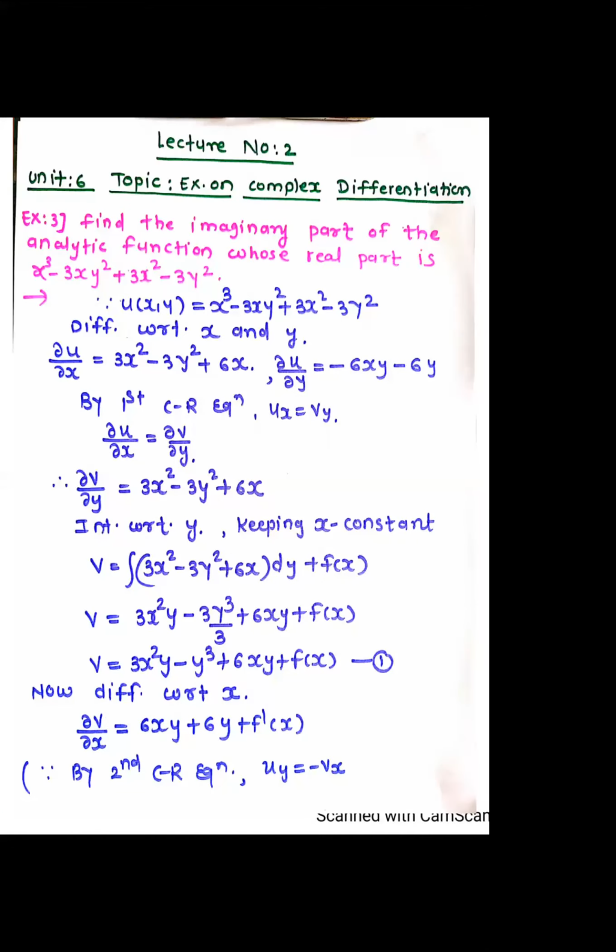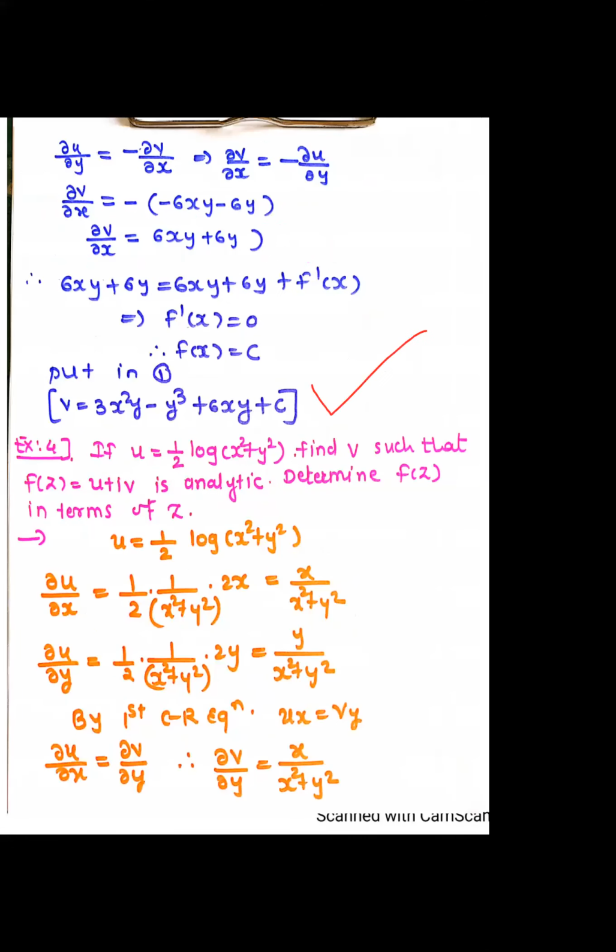You will get v. Here the question was only to find the imaginary part, not the function f of z. That's why just stop here. No need to find f of z. In the question only the imaginary part was asked, so we have found only up to v. No need to find the complete answer, that is f of z.